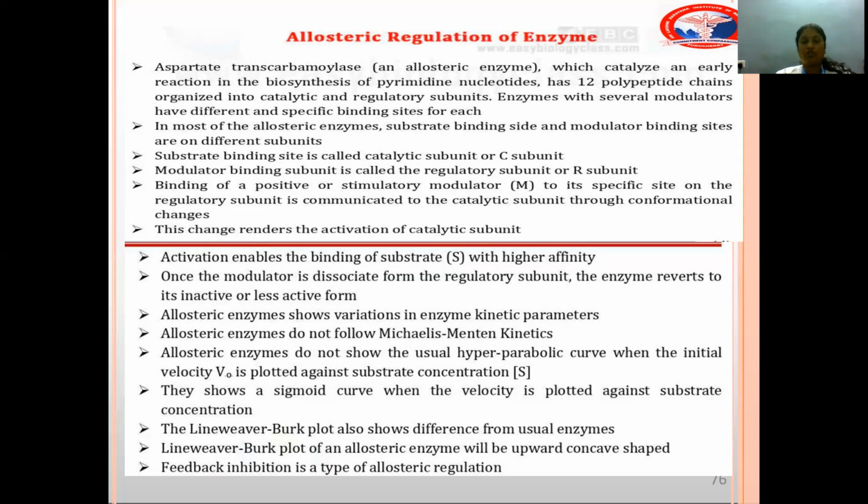Allosteric enzymes will show variation in enzyme kinetic parameters, but they do not necessarily follow Michaelis-Menten kinetics. Allosteric enzymes will not show the usual hyperbolic curve, like we have already seen in our previous class, right? There are some factors which influence enzyme activity. One of the factors is substrate concentration.